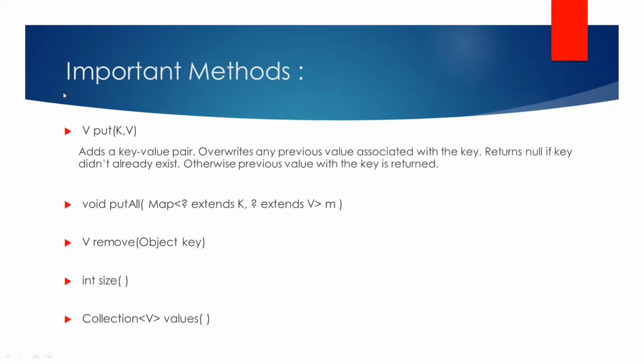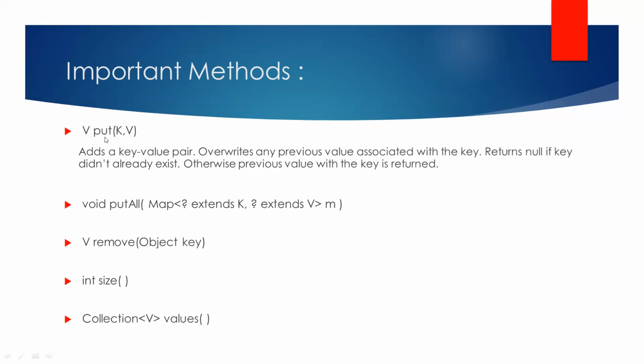Now there is a method that is called put. Put method is used to add a new key value pair into the map. We don't use the add method to add elements into the map. To add a new element into the map, we use the put method.